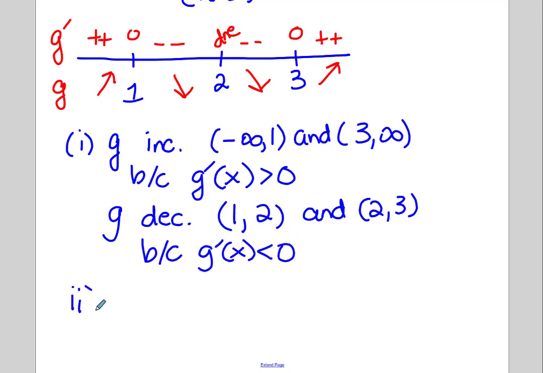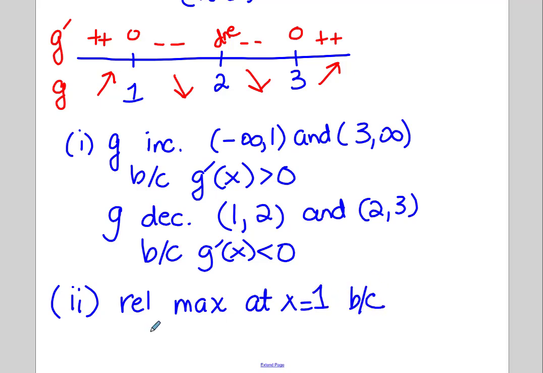And then the second part, we have a relative maximum. And they want x coordinates this time, at x equals 1. And the reason was the derivative changes from positive to negative.